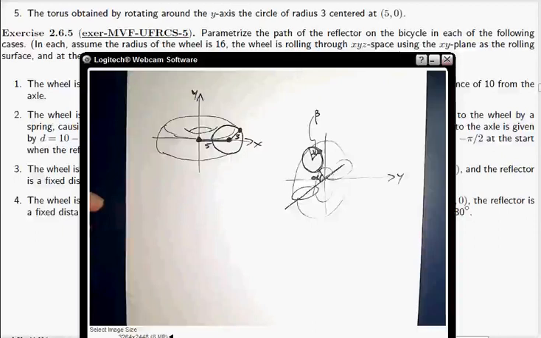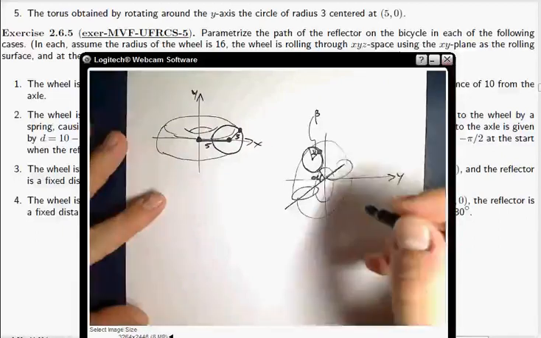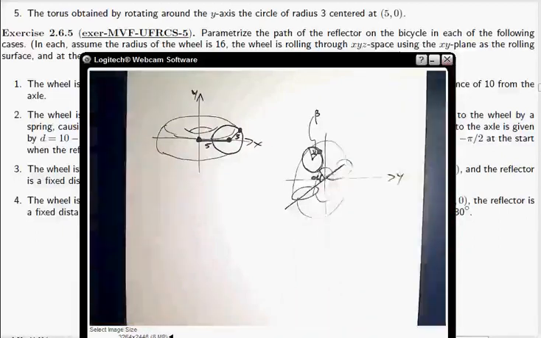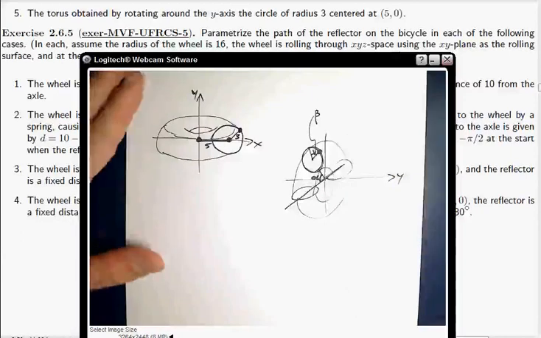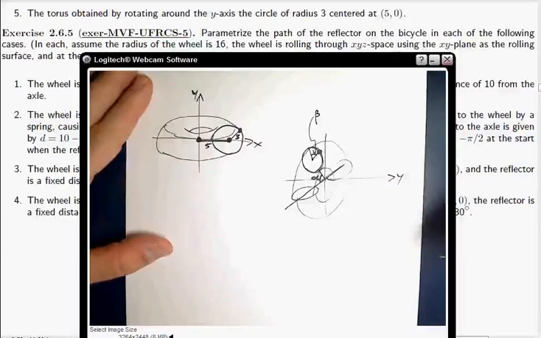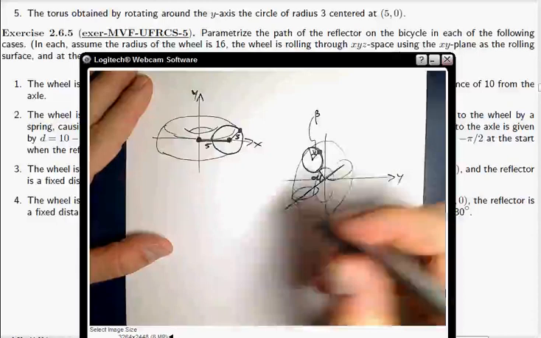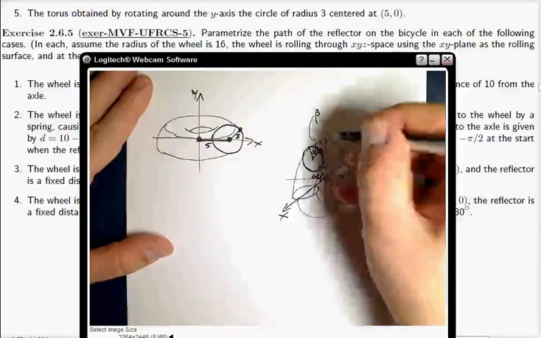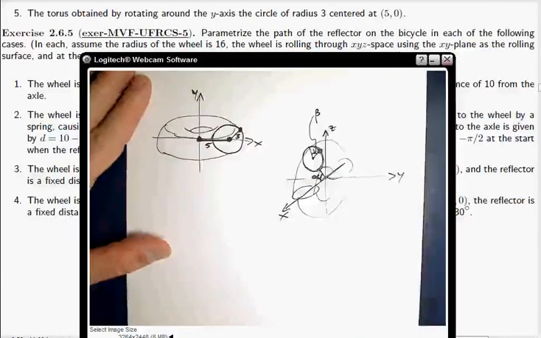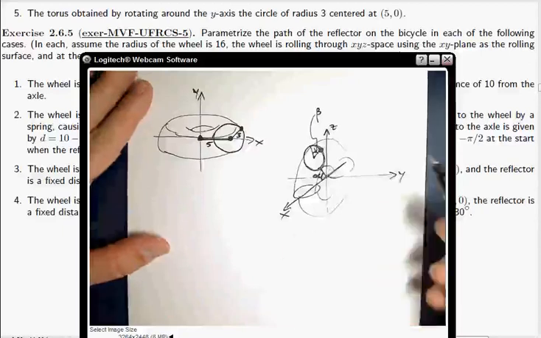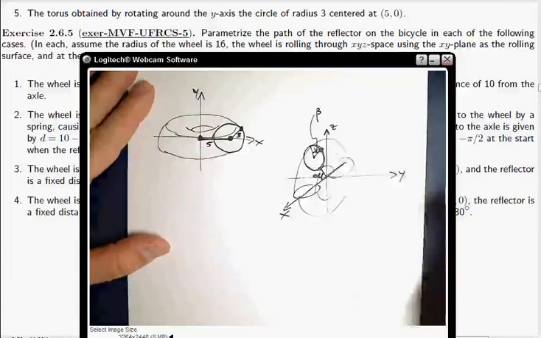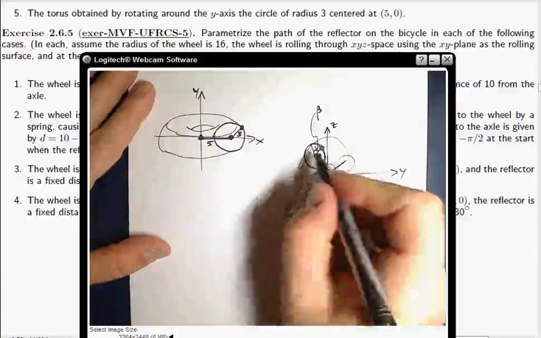Now that I have these angles chosen, alpha and beta are what I want to parameterize in terms of. Let's look one coordinate at a time. I need to solve for x and y and z. And y is kind of an easy one, since I'm rotating around the y-axis, y is just that distance.